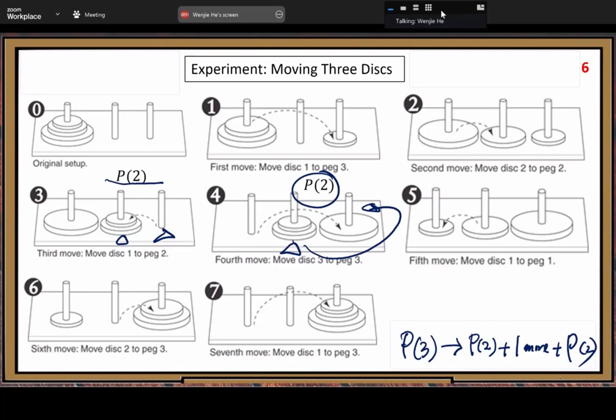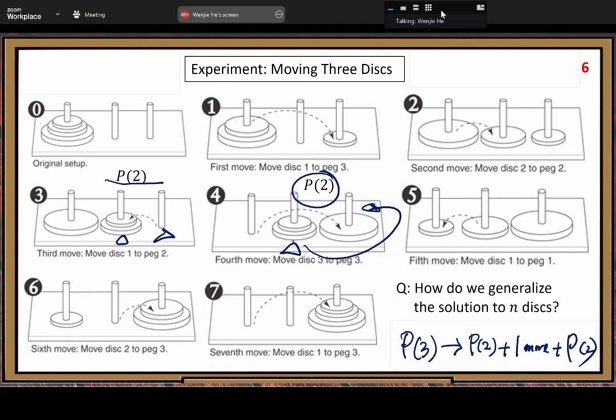That's the pattern. This pattern corresponds to our recursive formula. So this is our recursion.